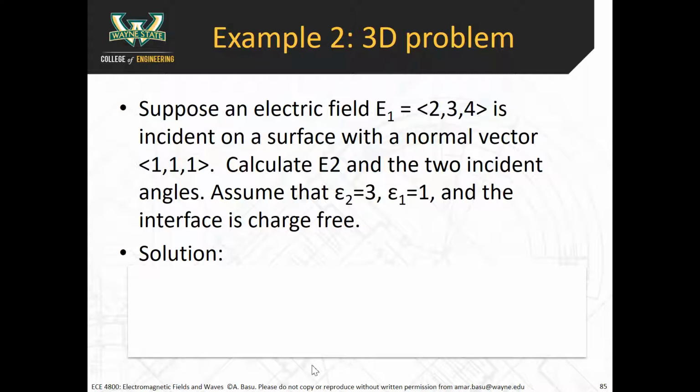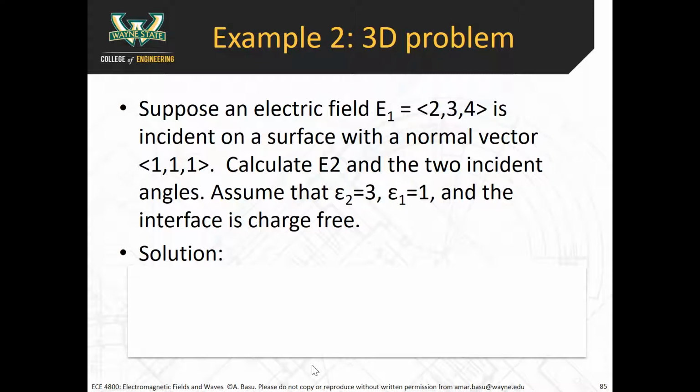And the other way to find it is by using dot products, if you remember. This is a quick calculation, so that's a good way to find it. E1 dotted with n is equal to the magnitude of E times the magnitude of n times the cosine of the angle between the two, so that's cosine of alpha 1.